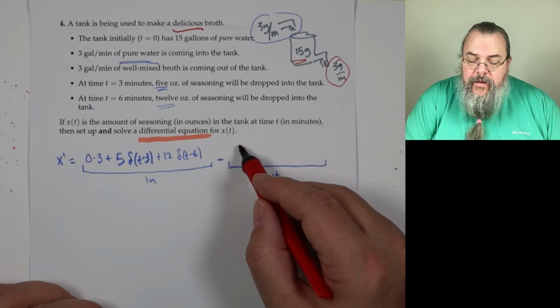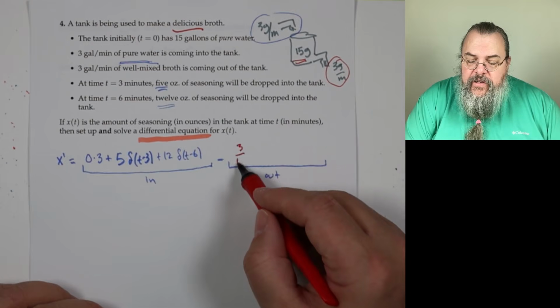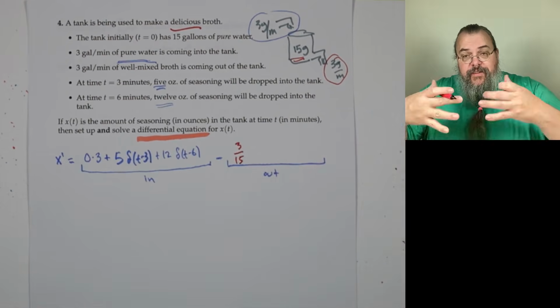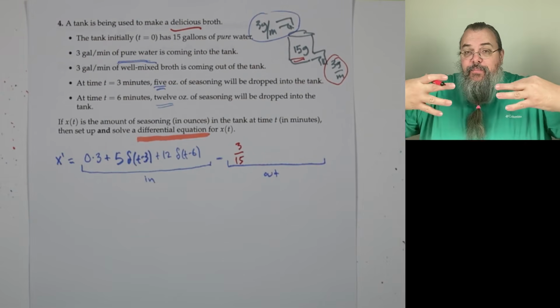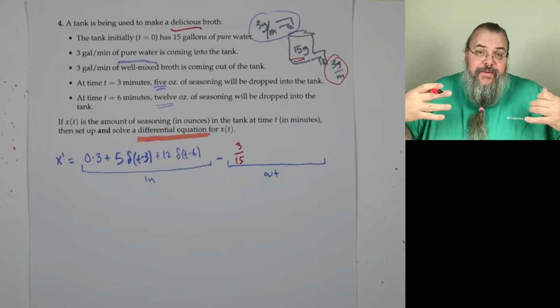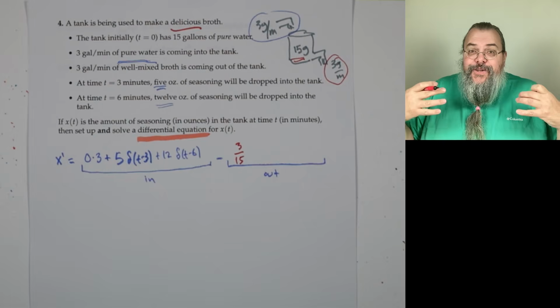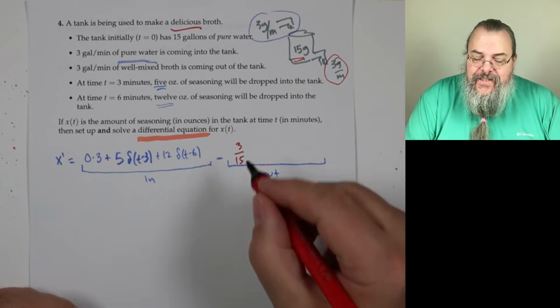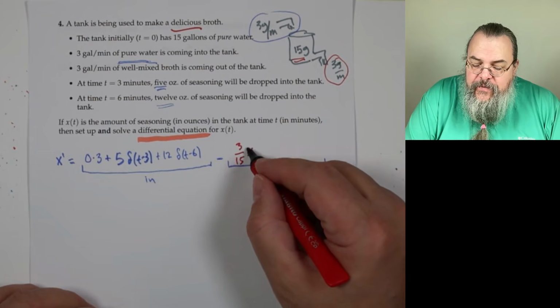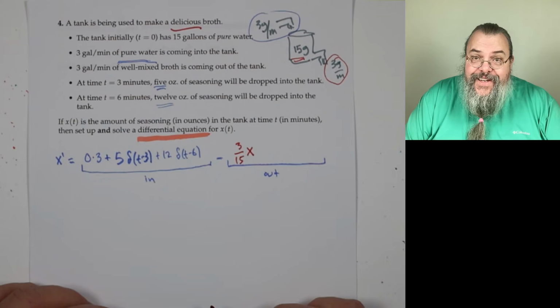So we're removing 3/15 of whatever's in the tank all the time. That's 3/15 of the broth, which means 3/15 of the liquid, including the water and the seasoning. So we're removing 3/15 of the seasoning.